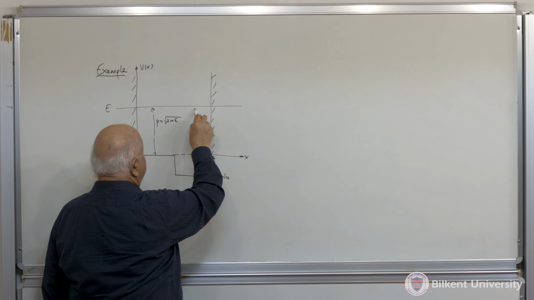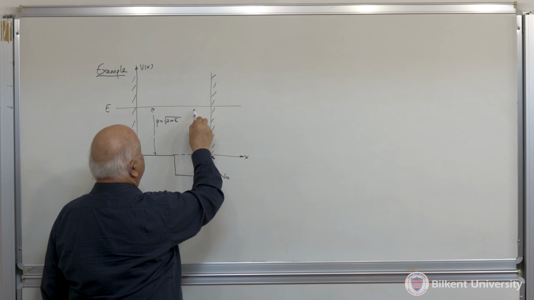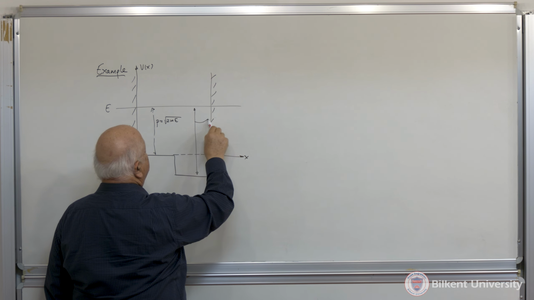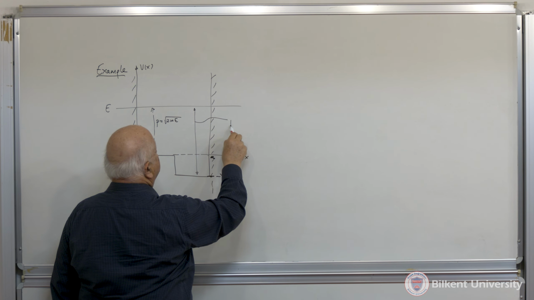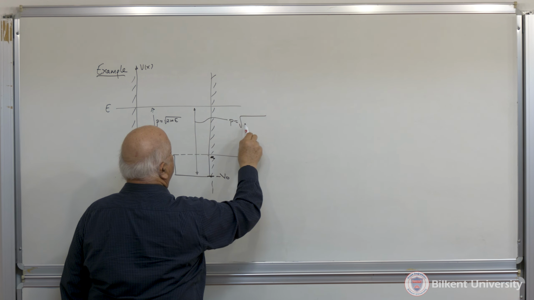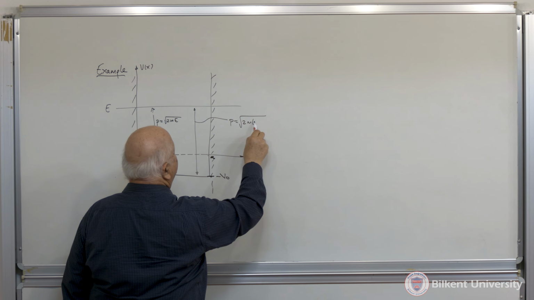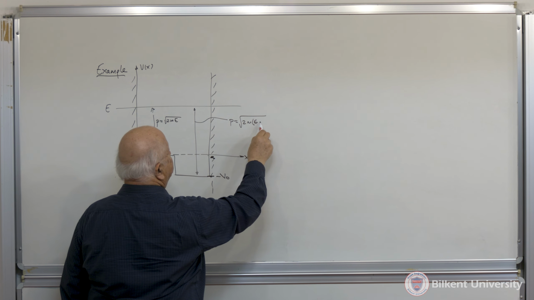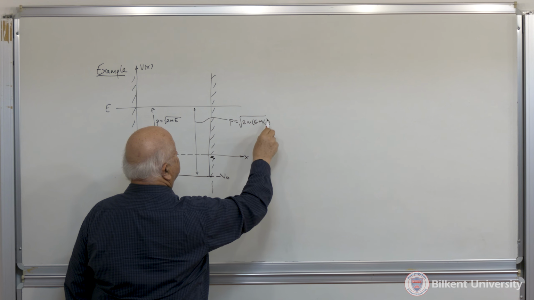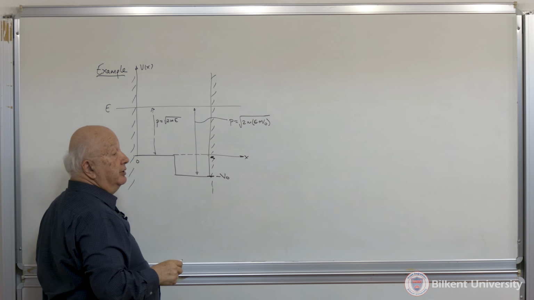The classical momentum over here is going to be what? The square root of 2m(e plus V0), right? Larger kinetic energy. That's my momentum.